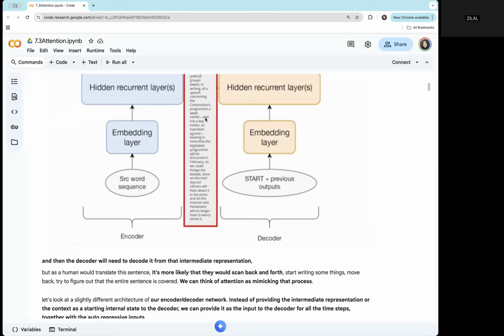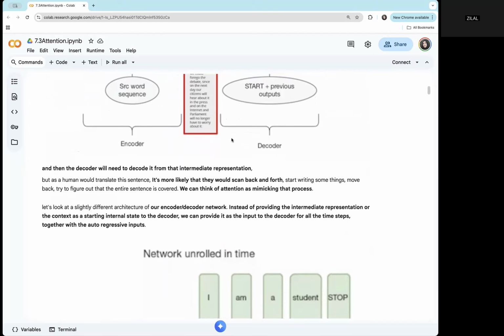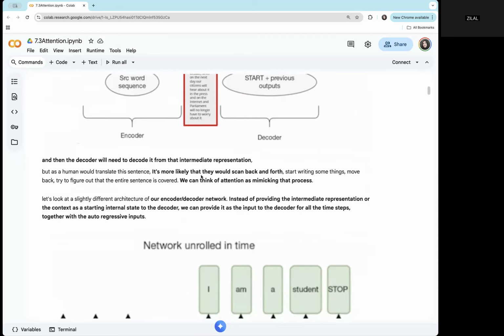intermediate representation. But we as humans would more likely scan back and forth when translating this sentence, start writing something, move back, and try to figure out that the entire sentence is covered. We can think of attention as mimicking this process.